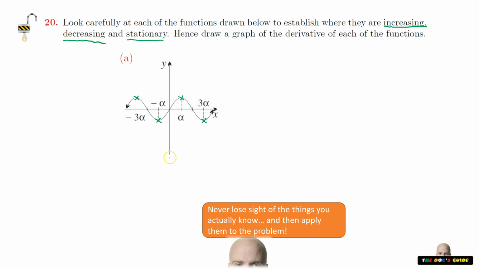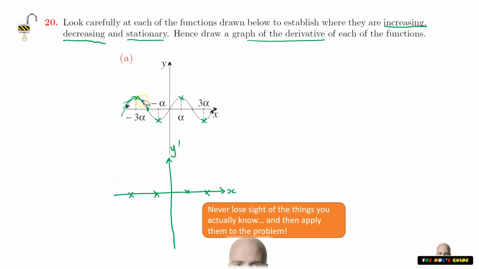So if we're going to draw on the same set of axes as this the slope, so we're going to draw y dashed against x, so this is the graph of the derivative or the slope, then this graph is going to be 0 there and there and here and here.